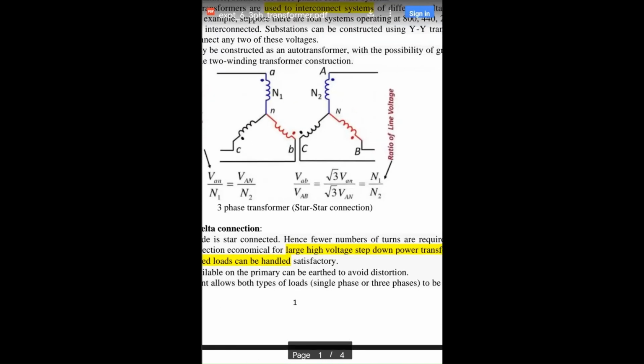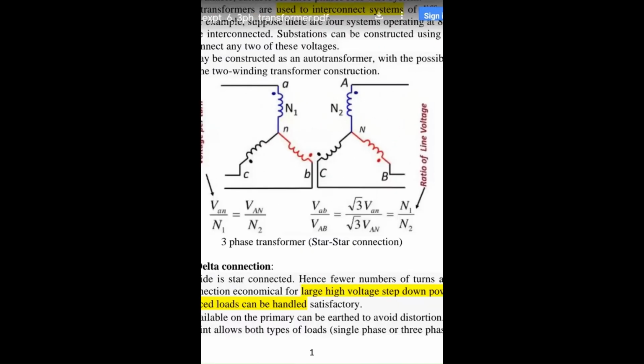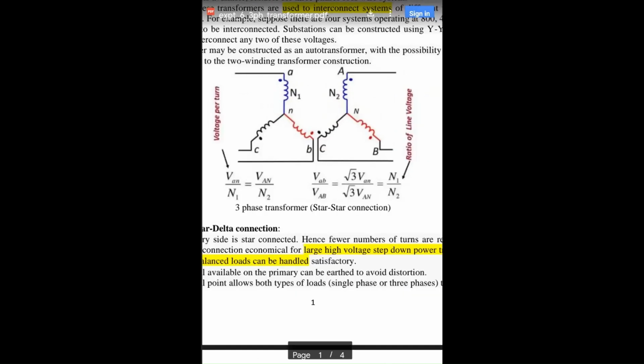When we are drawing this diagram, we are using three different colors: blue, black and red. These represent three different phases, and a dot is there. Dot means that the phases of similar polarities are to be connected alongside.